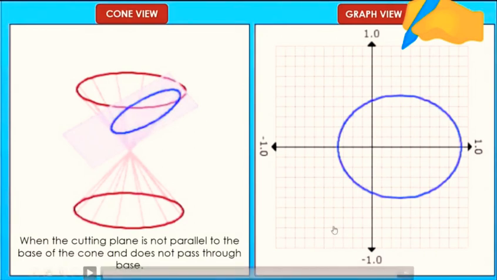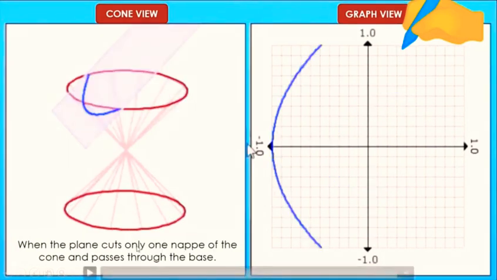Now, we have observed that when the cutting plane is not parallel to the bases of the cone and does not pass through it, the figure formed is what we call an ellipse.